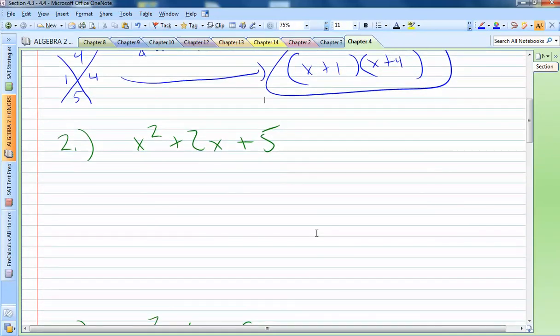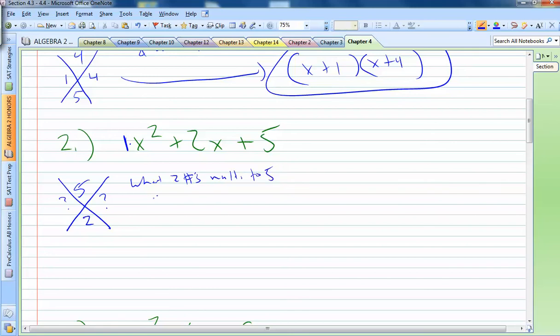Let's try this again for number 2. So a times c: a here is 1, because you don't see a number being multiplied by x squared, so you assume it's 1. So 1 times 5 is 5, and b is 2. But then there's a problem. What two numbers multiply to 5 and add up to 2?